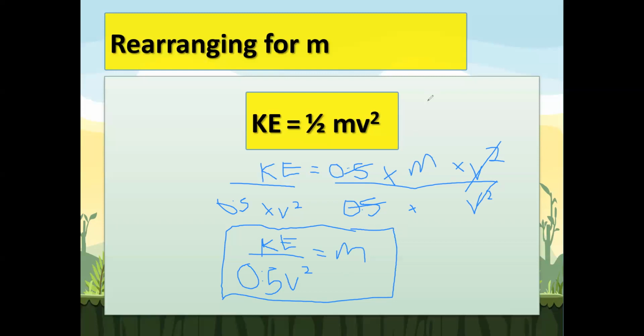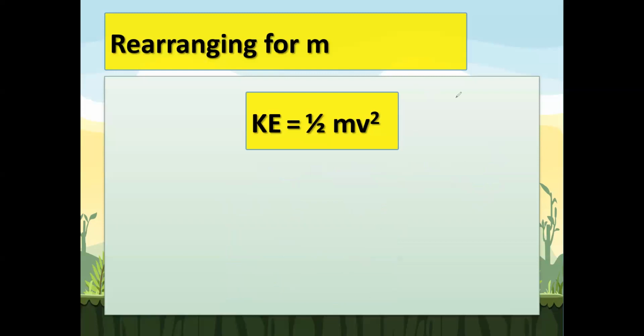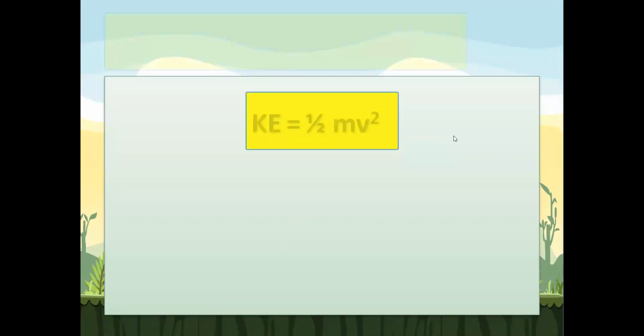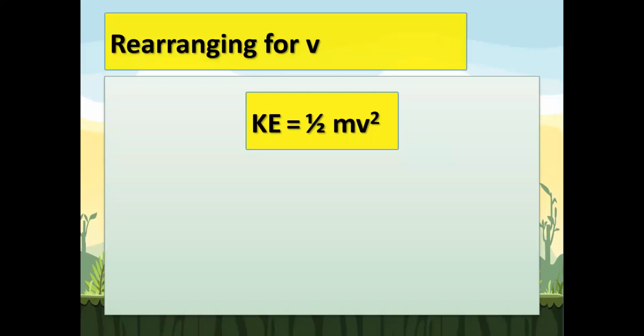Sometimes you could also be asked to find V, and if you're able to find V, that is grade 8. Brilliant. The same principle. So we're going to make V the subject.